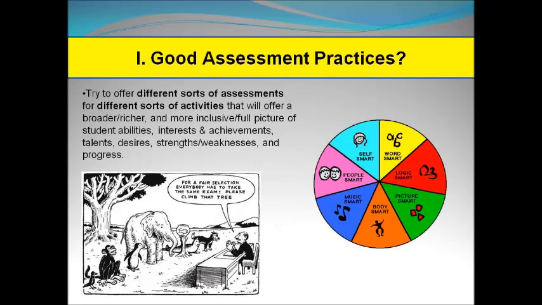Some good assessment practices. Well, remember, right? Probably most of you in a Bachelor of Education program have heard of Gardner and his multiple intelligences theory. Now, all that means is that different kids learn in different ways. They have different strengths. They have different weaknesses. Some kids are very logical. Other ones are very musical.